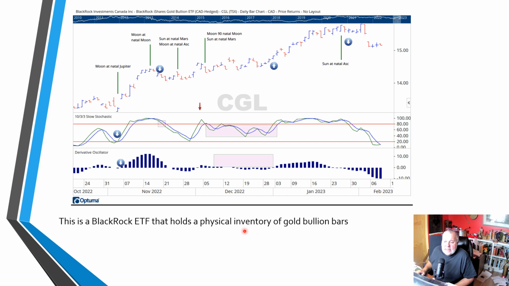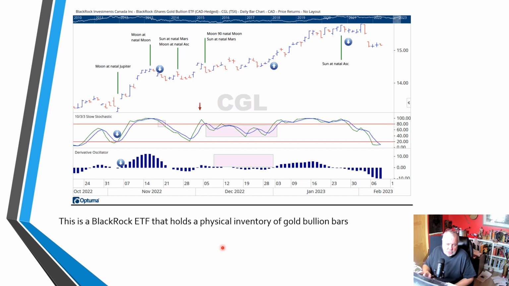And it too will respond slightly differently than the physical gold futures, although it's not too far off. And by using this one, you're actually avoiding any of the geopolitics of a gold mining company trying to operate in Chile or Argentina or some foreign country in Eastern Europe. You are dealing strictly with the physical gold bars.